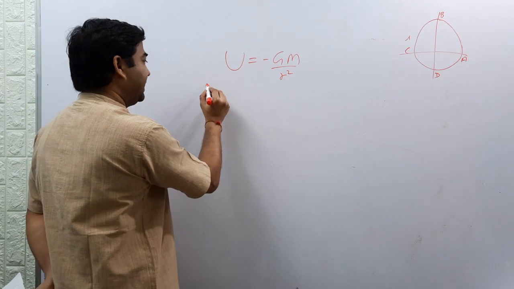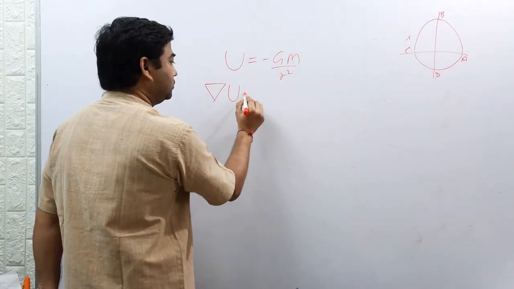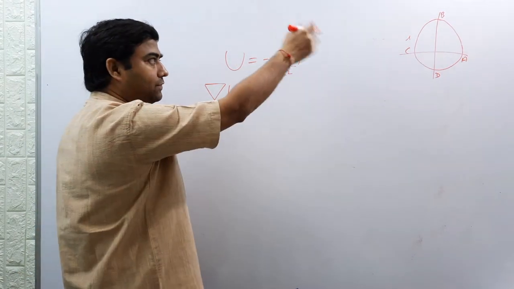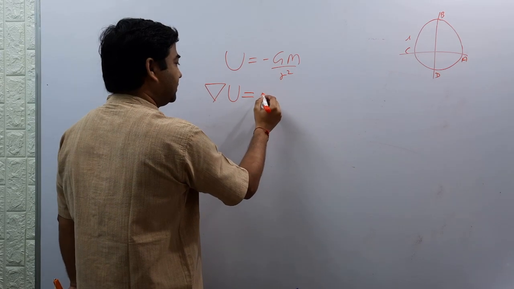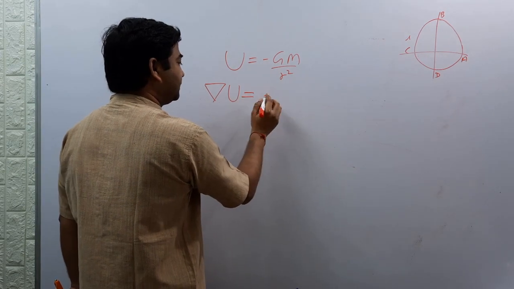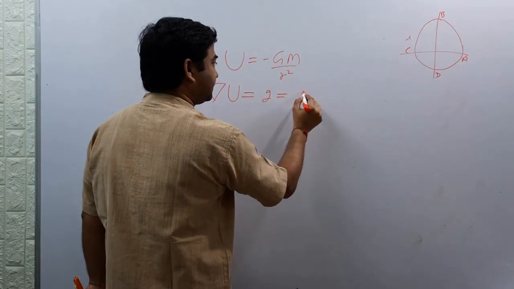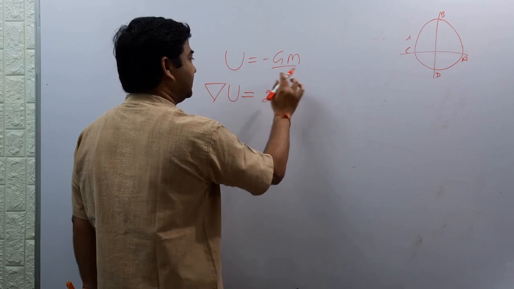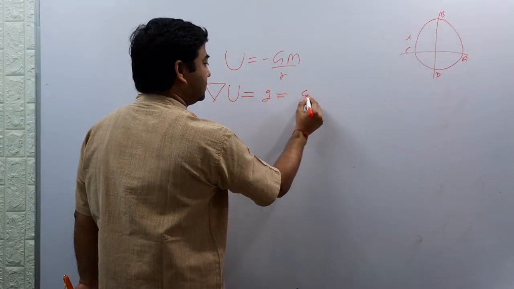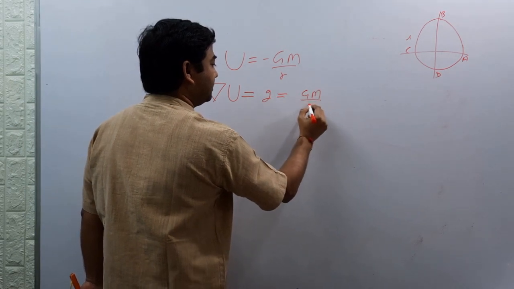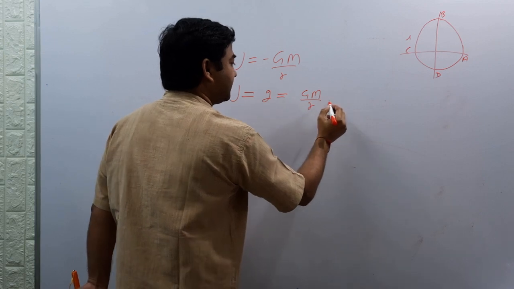Just recall our earlier example of the potential energy function minus Gm by r square. We found grad of u by vector calculus, vector formula, that grad of u is equal to G, and this was Gm by r square into the unit vector.